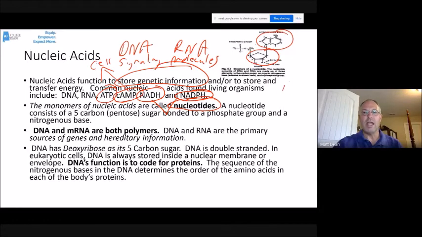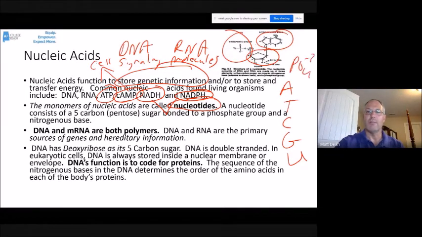These are A for adenine, T for thymine, C for cytosine, G for guanine, and U for uracil. So those are the common bases we're going to talk about in nucleotides. And then on the other side is what we call the phosphate group, the PO4, usually a -3 phosphate group.